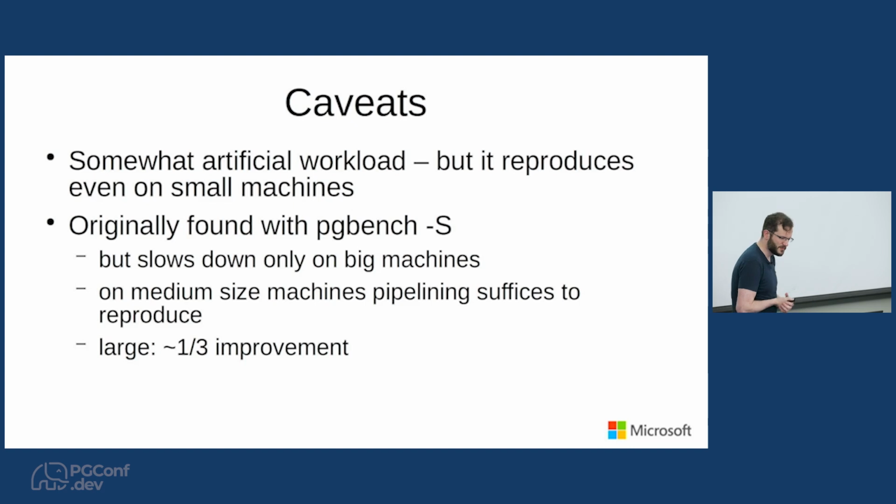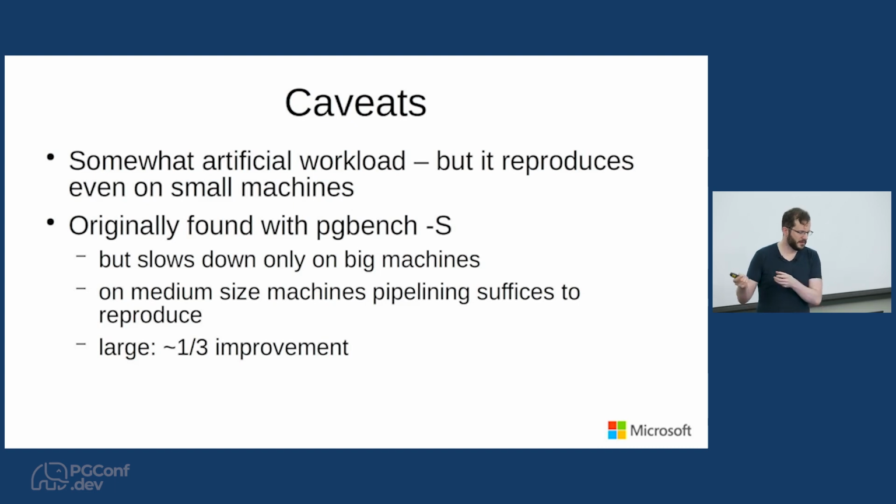The reason I didn't end up choosing PGBench-S for this is that on a laptop, I wasn't able to reproduce this as a problem, and I thought it would be nice to have something that can easily be done on your normal dev box rather than something larger. On my workstation, I can already see the effect of PGBench-S, even though it's a 2-socket machine, it's fairly small.